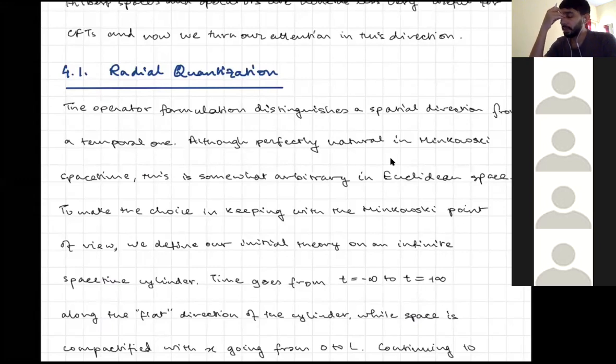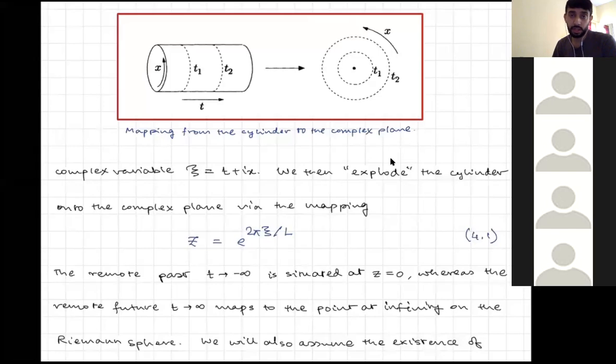So in order to make a distinction between space and time in the Euclidean setup, we took our theory to be defined on a cylinder. On a cylinder, the spatial direction is identified, and the time direction runs from minus infinity to plus infinity. So the distinction between a compact direction and a non-compact direction is very clear in this case.